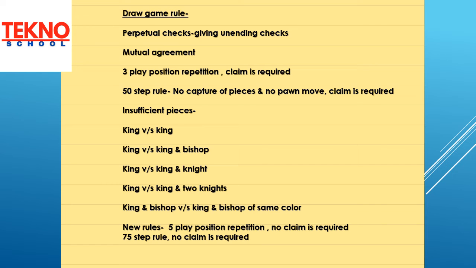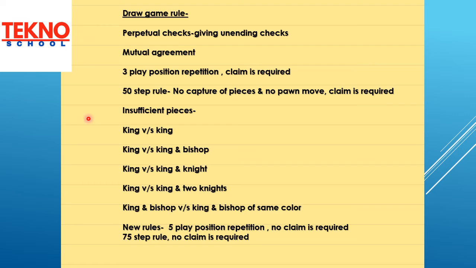Draw game rules. Perpetual checks, giving unending checks. Mutual agreement. 3 play position repetition. Here a claim is required. 50-step rule. No capture of pieces and no pawn move.